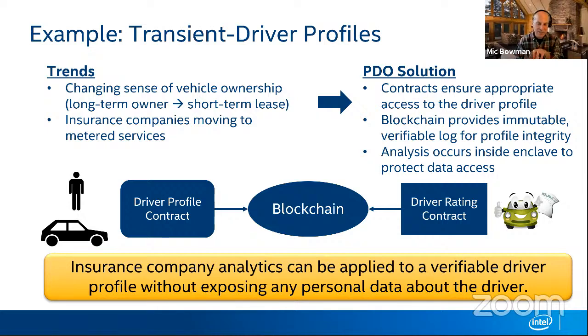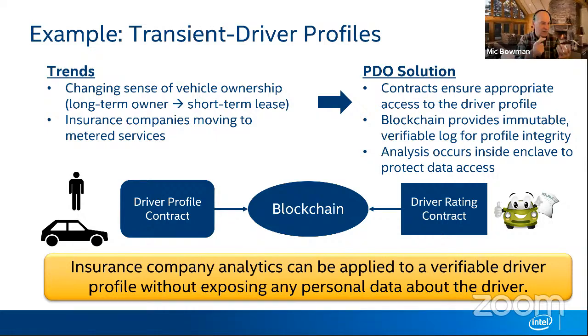Since the evaluation of my profile happens inside the PDO, at no point is my profile exposed. In theory, I can examine that insurance contract and look to see that it never leaks any information, so that I can establish my own trust in it, that I'm willing to give my profile to it.